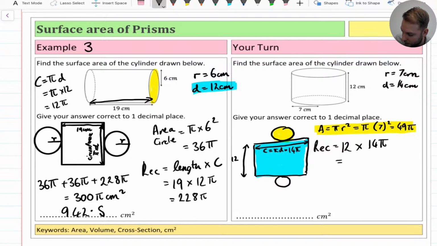So 12 times 14 is equal to 168 pi. Not forgetting the bottom, which we already know, because the bottom is the same as the top, 49 pi.